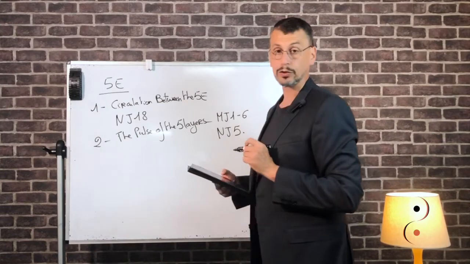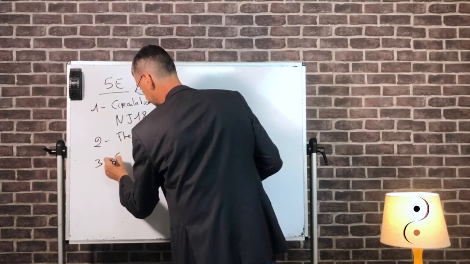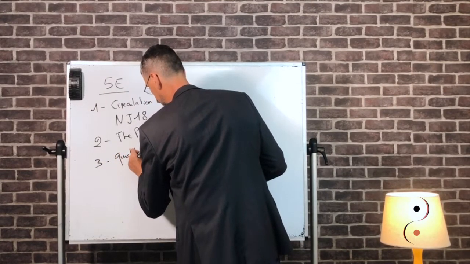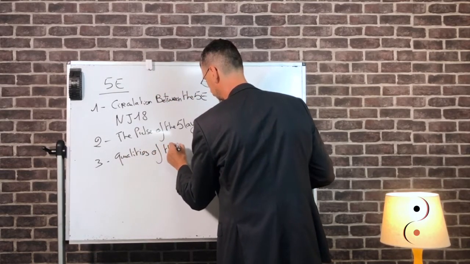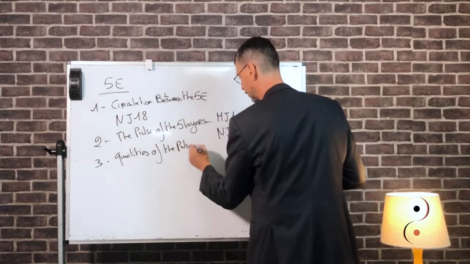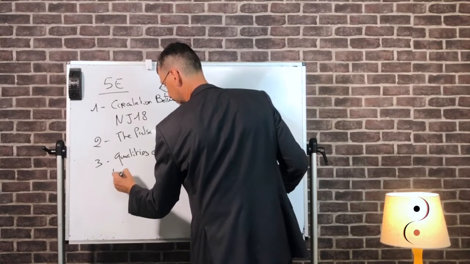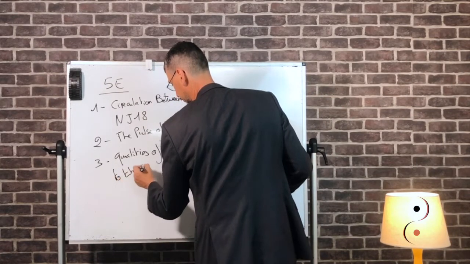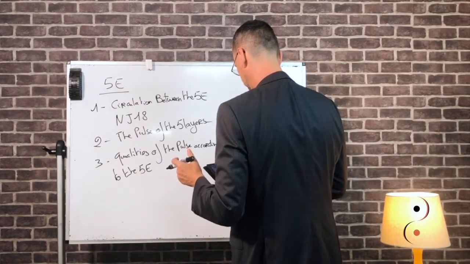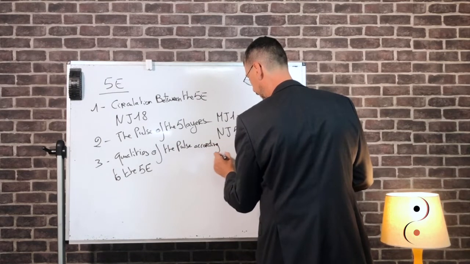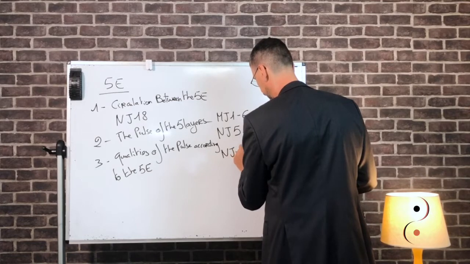Next, you have the quality of the pulses, according to the 5 elements. This is described in the 15th difficulty of the Nanjing, Nanjing 15.